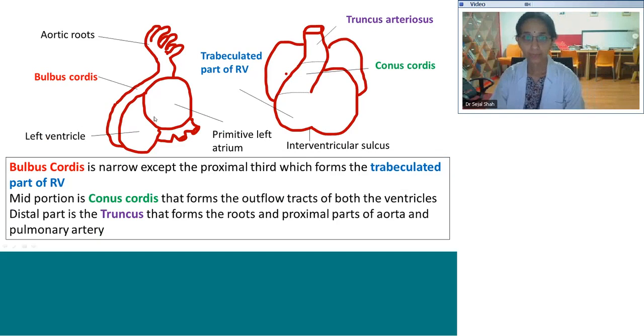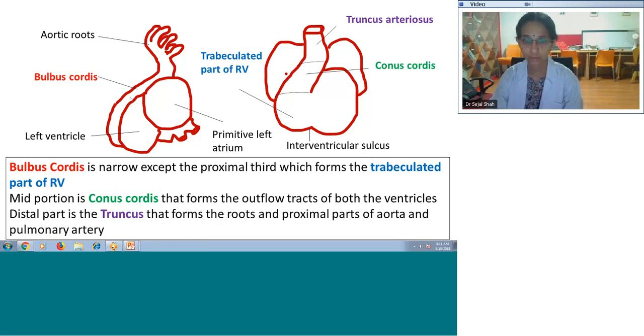Here in this figure, this is the primitive left atrium, this is the primitive left ventricle, and then we have this structure, which is the bulbus cordis. As we understood, the bulbus cordis then gets divided into the primitive right ventricle, the conus cordis, and the truncus arteriosus. The bulbus cordis is usually narrow except the proximal part, which gives rise to the trabeculated right ventricle.